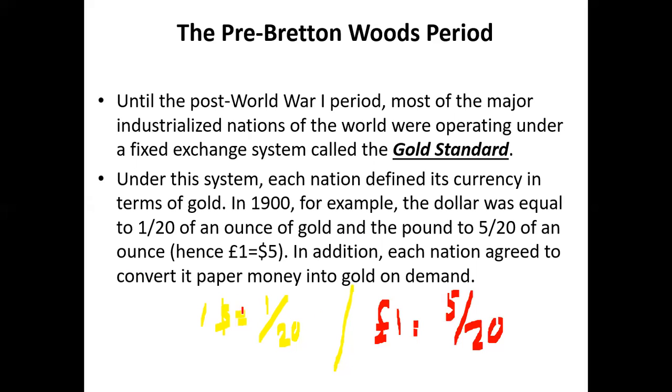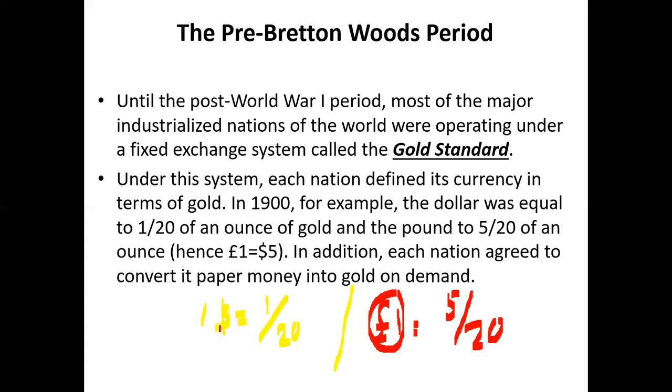That means to get 1 pound, you will have to give $5. This is the exchange rate determined at that time. So therefore, the gold standard was the basis for determining the exchange rate between countries during this period of time.